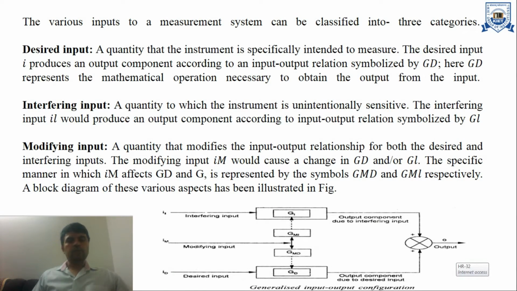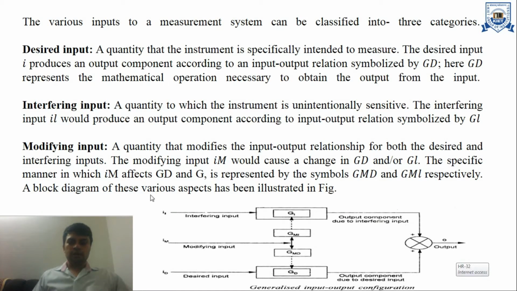The modifying input is denoted by IM, and would cause a change in GD as well as GL. The specific manner in which IM affects GD and GL is represented by symbols GMD and GML respectively. GMD and GML mean my modifying input also affects the function GD and also affects the function GL.